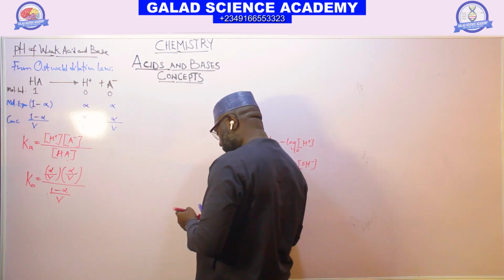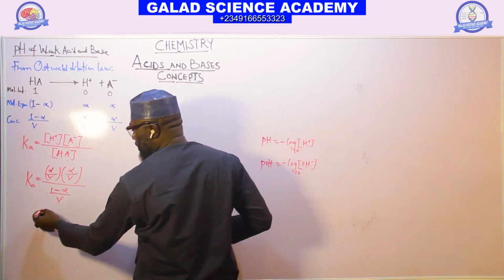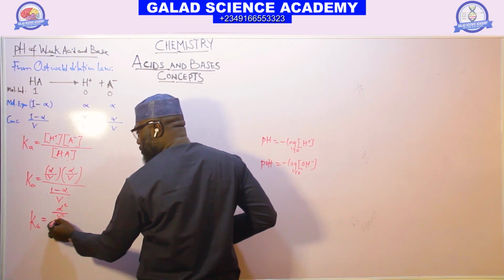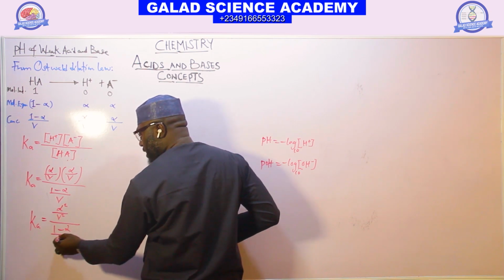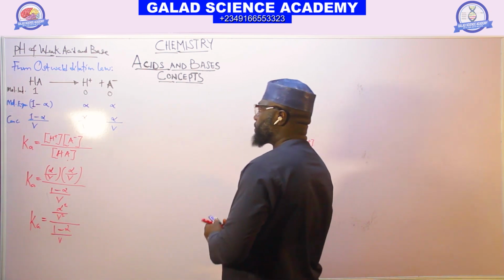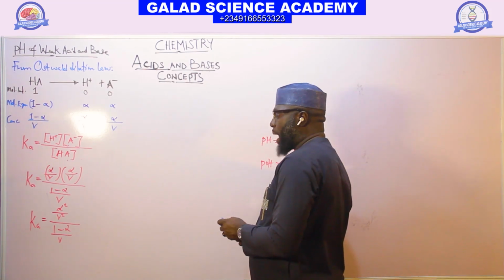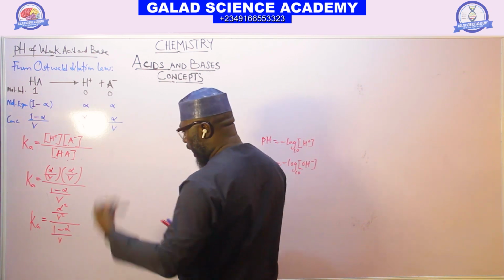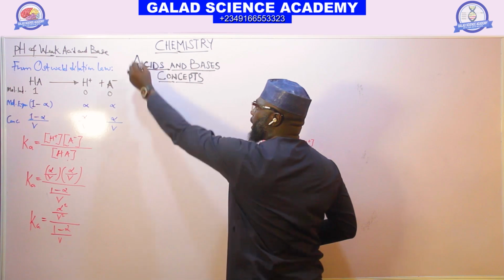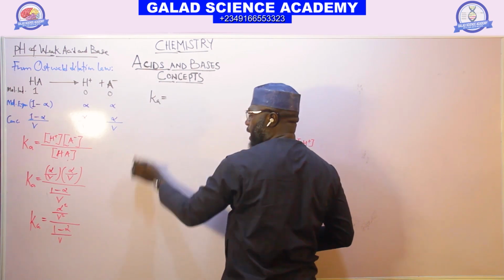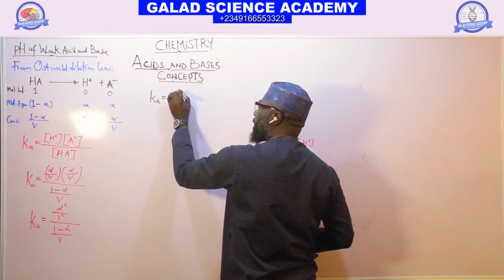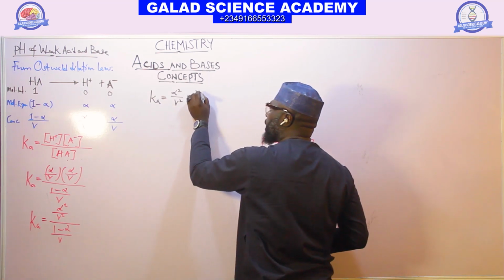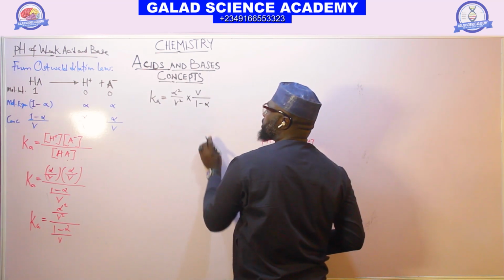So by solving it further, Ka will be alpha square over volume square over 1 minus alpha. By solving it further, we are going to have Ka equal to alpha square V square, multiplied by this V coming up here, over 1 minus alpha.